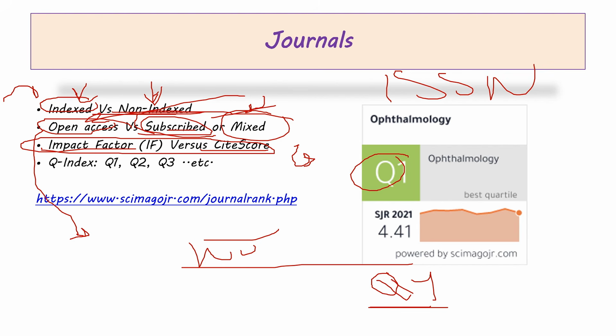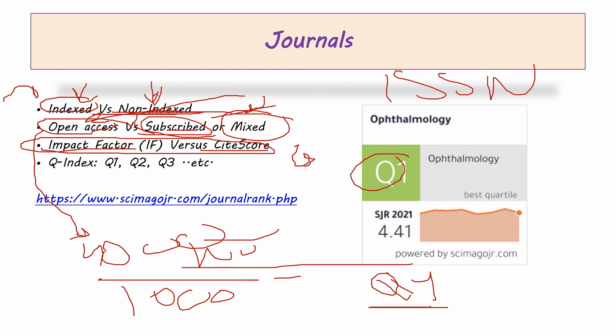For example, they publish 1,000 papers per 4 years, and these have been cited by other researchers and other papers, for example, 4,000 times. They will divide the number of citations, 4,000, by the number of publications, so the impact factor will be 4, like that.